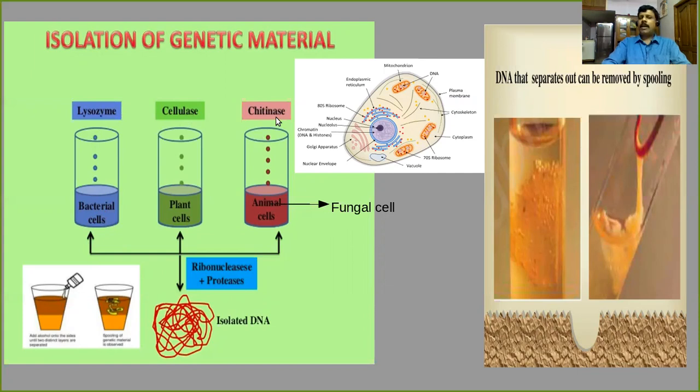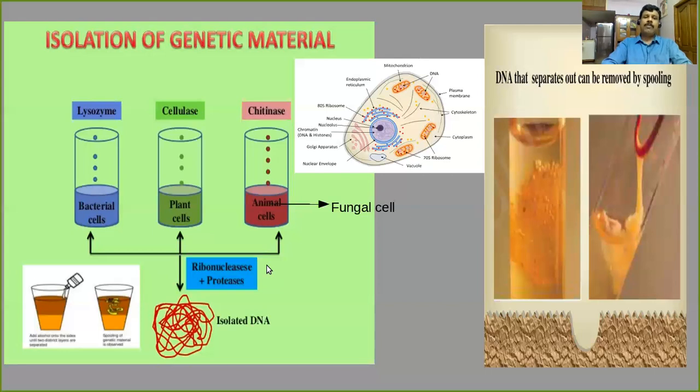Another important thing you are very familiar with: inside the nucleus, the DNA is intertwined with a certain type of proteins. I hope you have learned in class plus one. The proteins are called histones. If you need the pure form of DNA, we have to separate all other macromolecules or biomolecules present inside the nucleus, especially the RNA and the proteins.